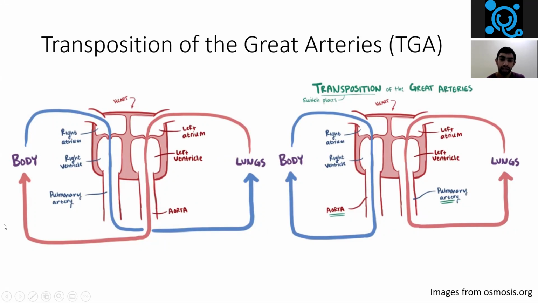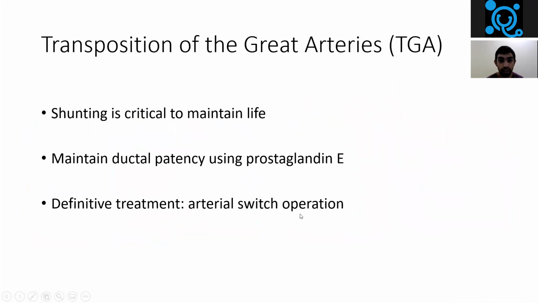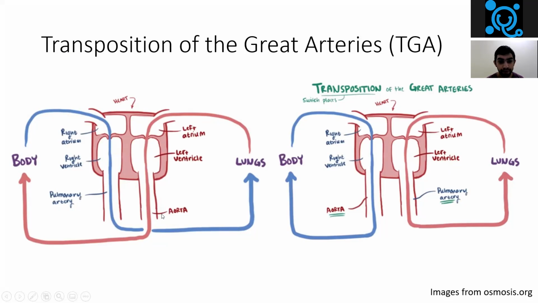What happens with transposition of the great arteries is that your aorta inserts into the wrong place. Normally your aorta should insert into your left ventricle, but instead it inserts into your right. And vice versa with the pulmonary artery, which connects to the left side of your heart. What this results in is exactly two parallel circuits. You have deoxygenated blood going from the body into the right side of the heart.